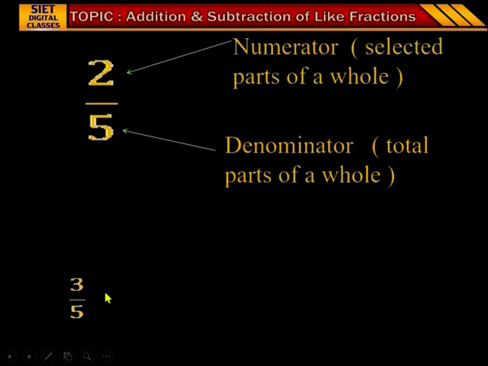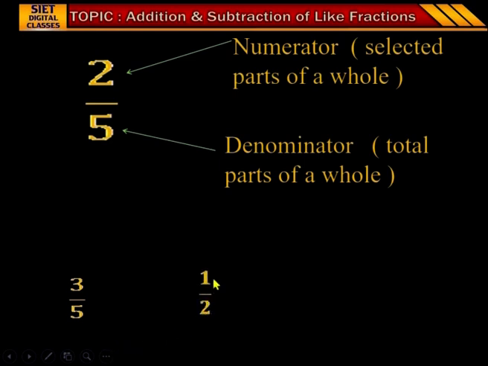Then see children, here 3 by 5 is there. What is 3? 3 is the numerator, that means selected parts of a whole, and 5 is the denominator, which represents total parts of a whole. And see another fraction, 1 by 2.